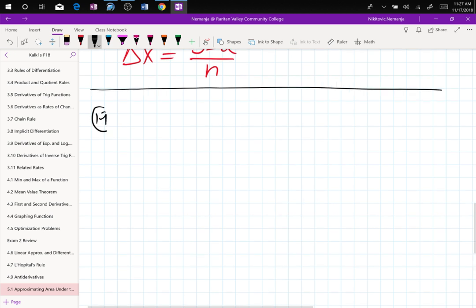Problem number 19. You are supposed to work on function v equals 1 over 2t plus 1 for t between 0 and 8, so that's your interval, 0 and 8, A and B, and they want you to use 4 rectangles.